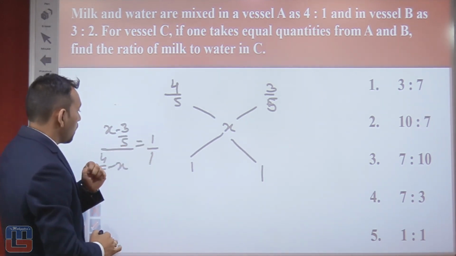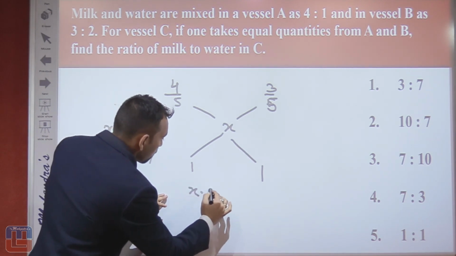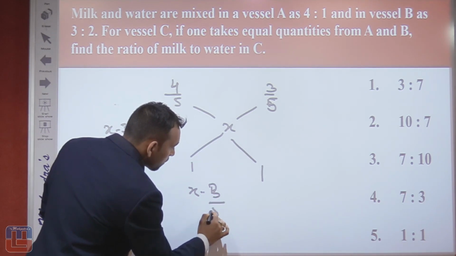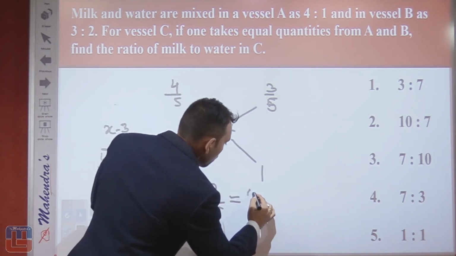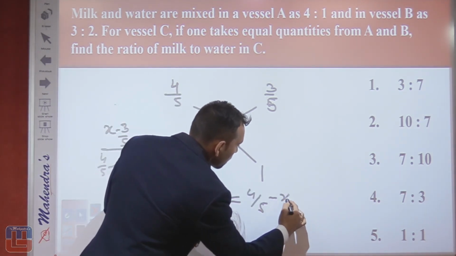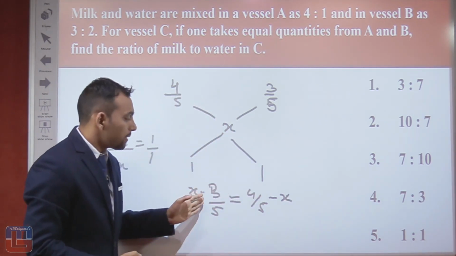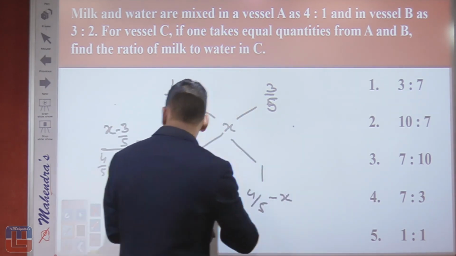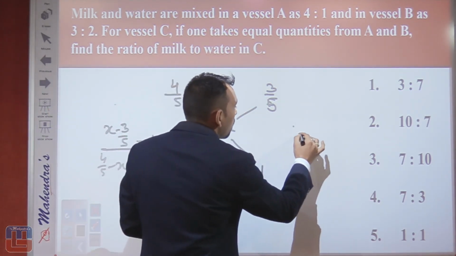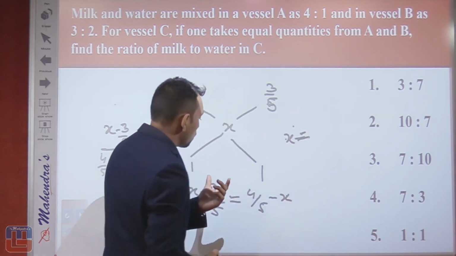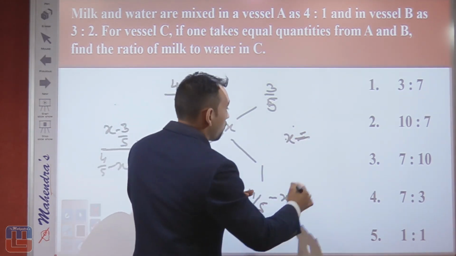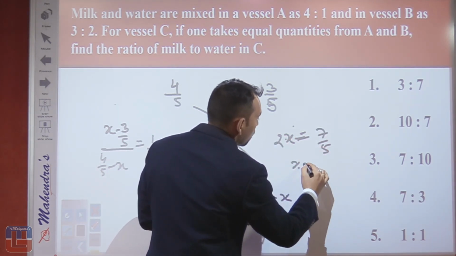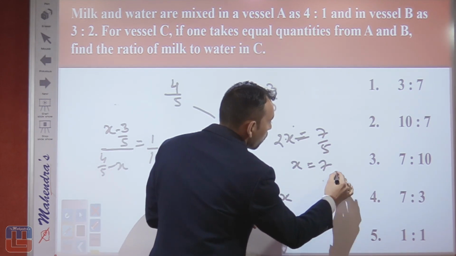Now if you solve here, X minus 3/5 is equal to 4/5 minus X. So 2X will be equal to (4 plus 3)/5, that is 7/5, so X will be equal to 7/10.